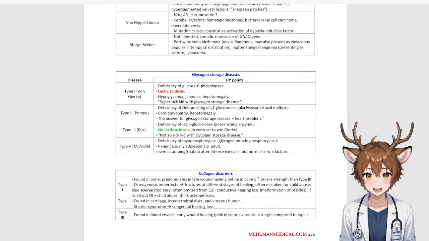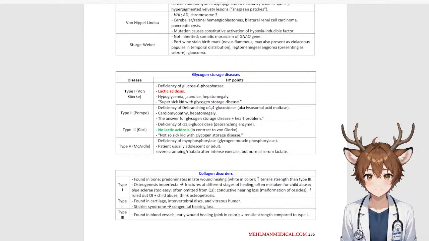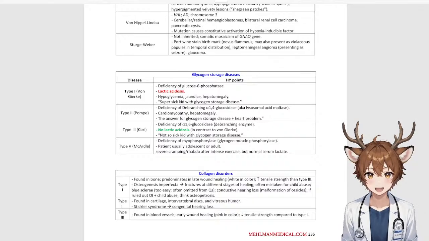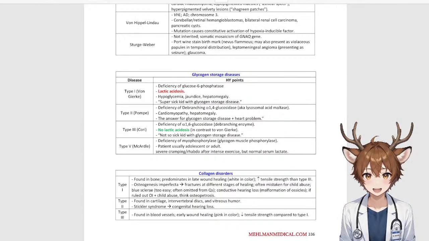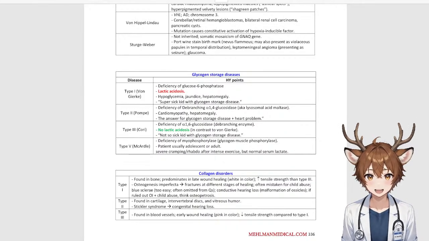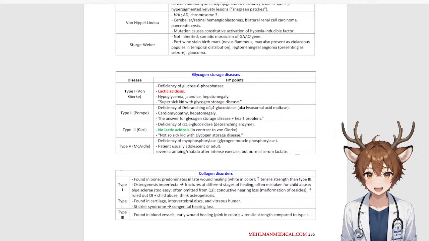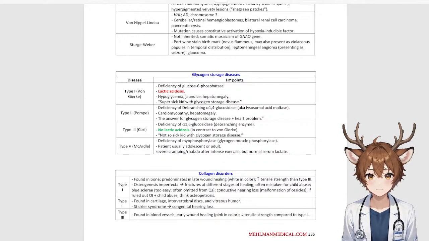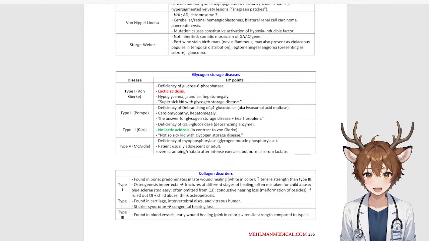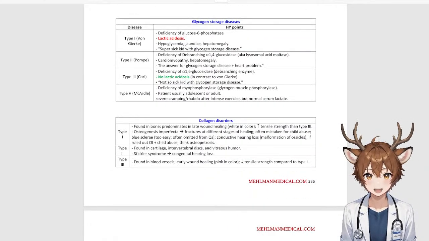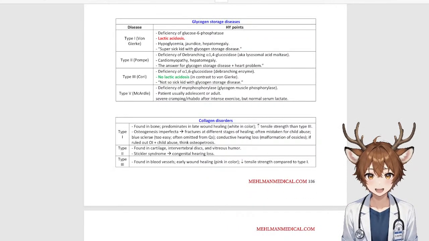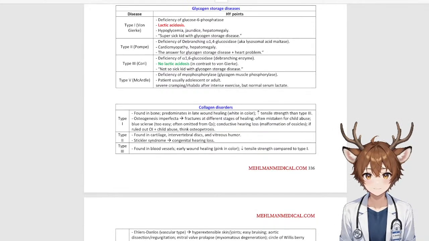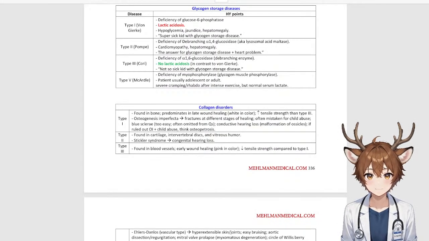It has rhabdomyolysis, which is a dangerous breakdown of damaged muscle tissue that releases proteins into the blood and can cause kidney failure. Does not sound fun. Anyway, but it has normal serum lactate for McArdle, which is distinct from von Gierke disease, which has lactic acidosis.